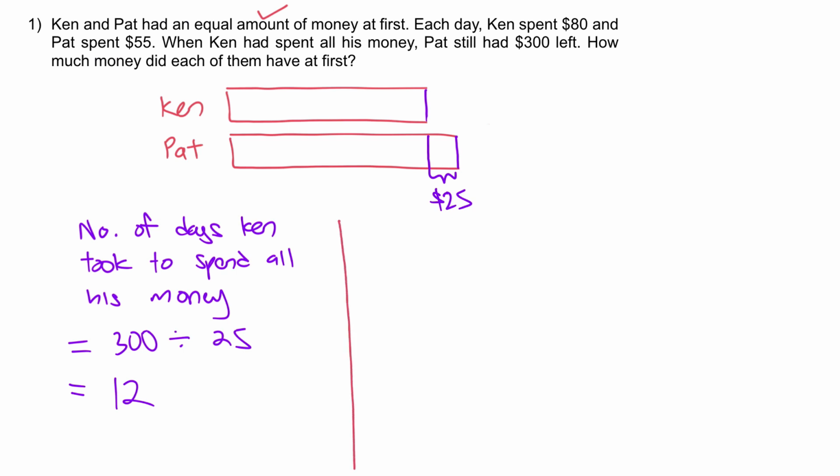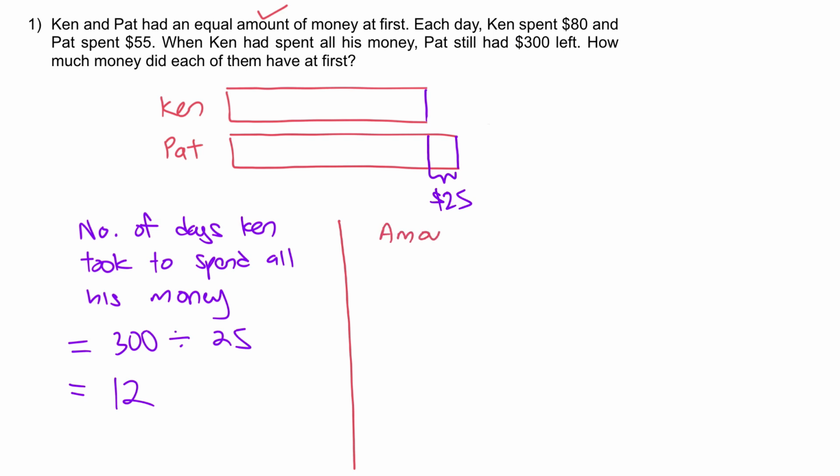So next step, can we now work out how much money they each have at first, which is an equal amount, isn't it? So 12 days to spend all his money. So we can easily find the amount of money they have at first, just using Ken.